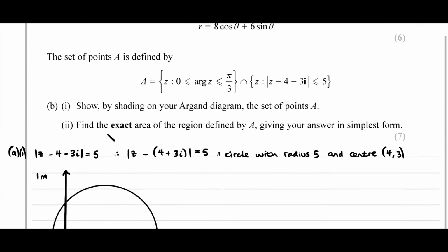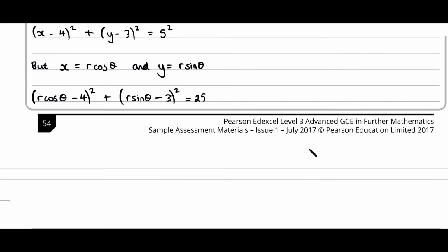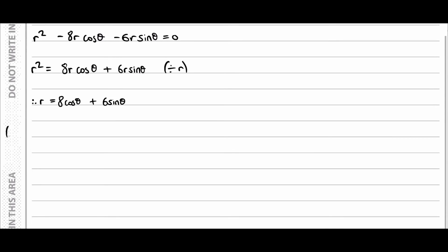And now for part B, a set of points A is defined by the argument of z is greater or equal to 0 but less than pi over 3, and z minus 4 minus 3i modded is less than or equal to 5. We have to show by shading on our Argand diagram the set of points of A. So for part B, let's see the diagram.